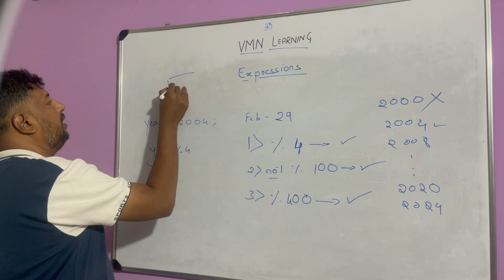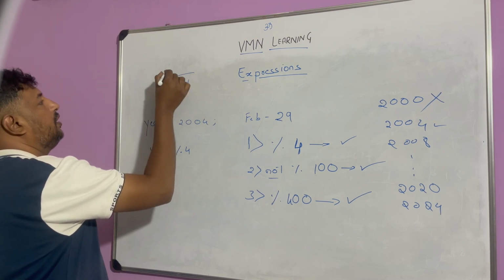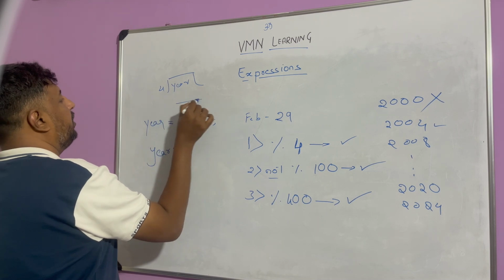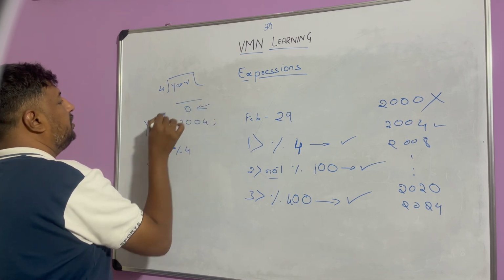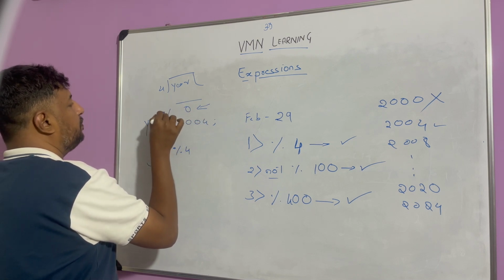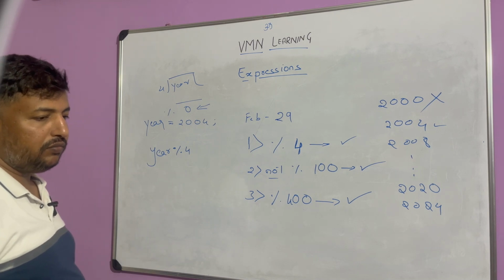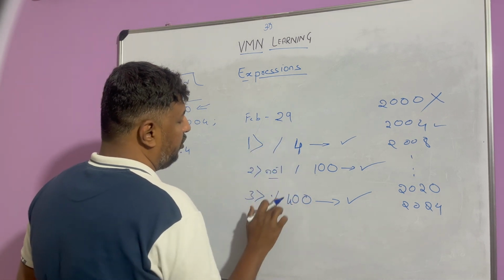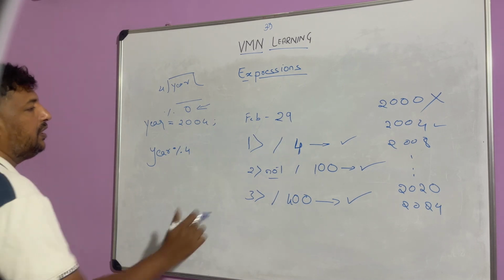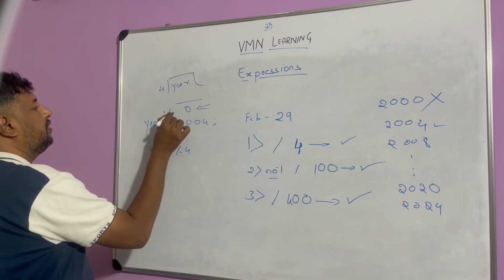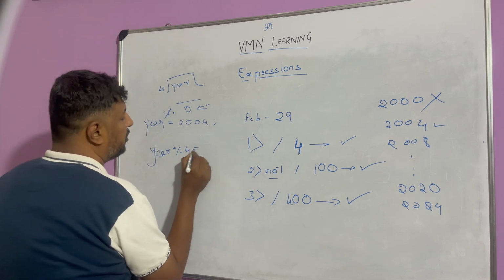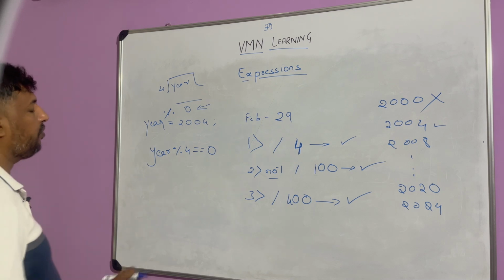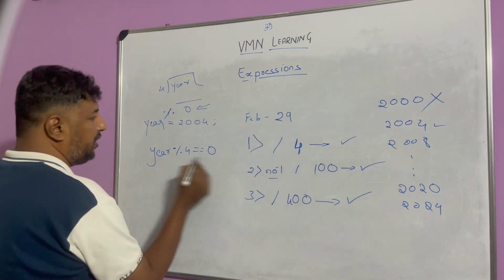When we divide the year by 4, whatever remainder remains is the modulo. It should be equal to 0. This is the first condition.